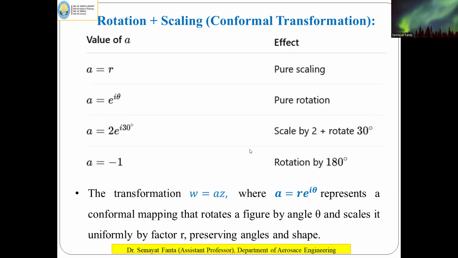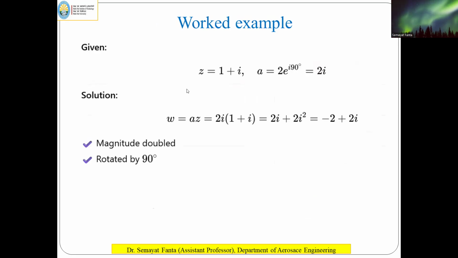So the transformation w equals az, where a equals r e raised to i theta, represents a conformal mapping that rotates a figure by angle theta and scales it uniformly by a factor r, preserving angle and shape.